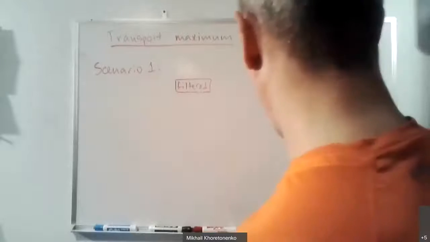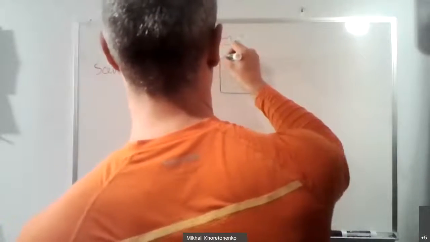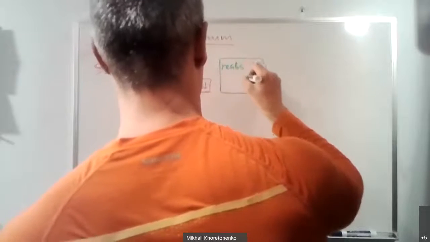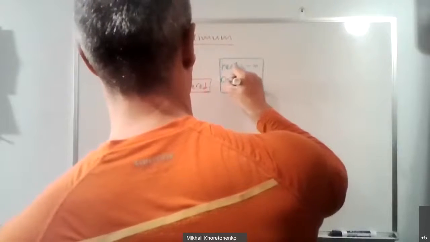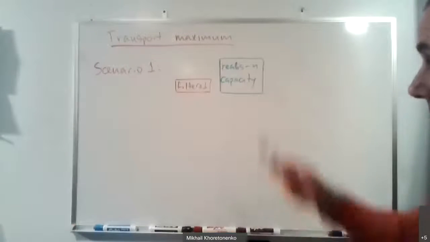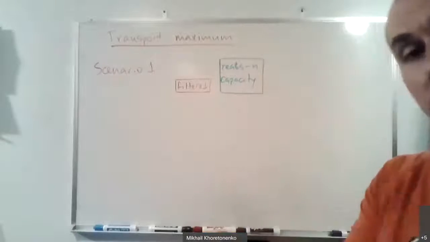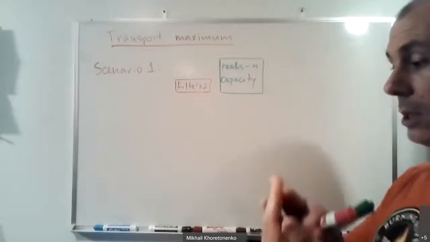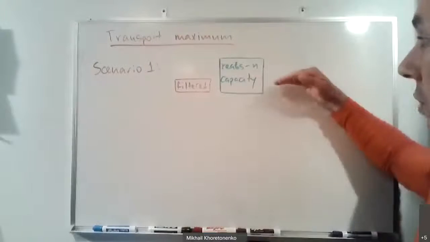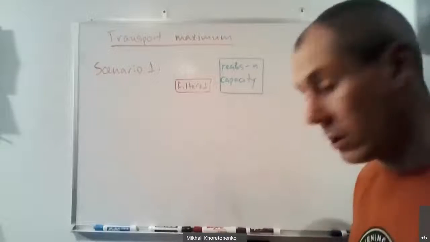Okay? That's your reabsorption capacity. Okay, so that's how much glucose was filtered from blood into the filtrate. This is how much glucose you can return in a given time. Does that make sense to you?